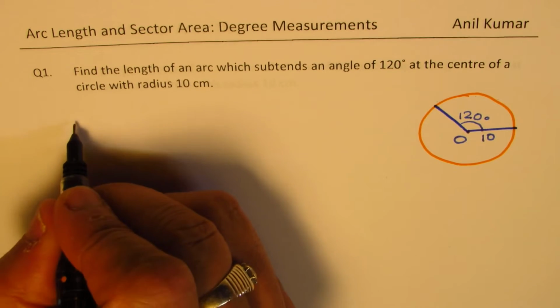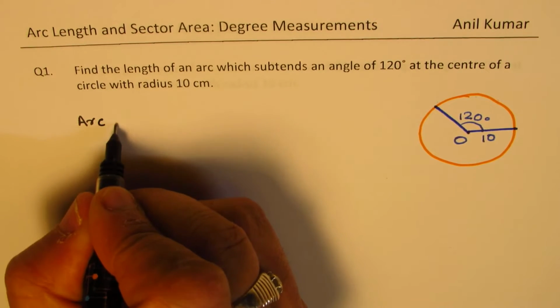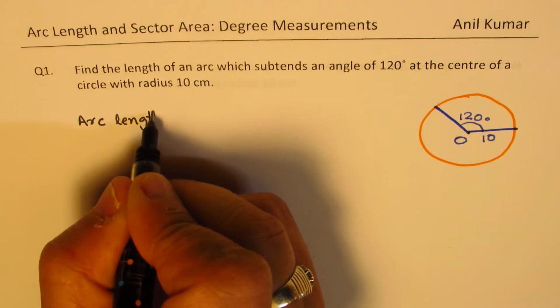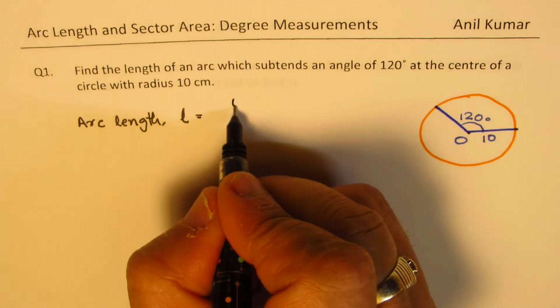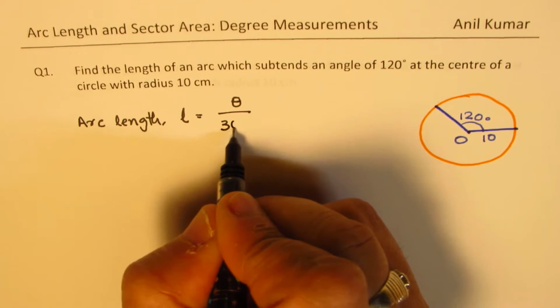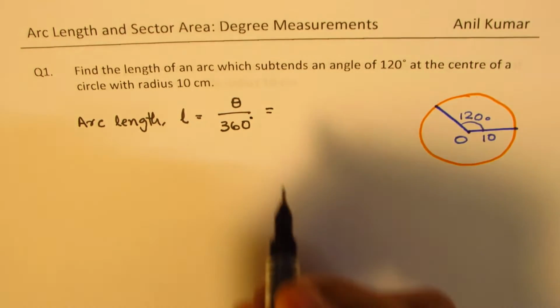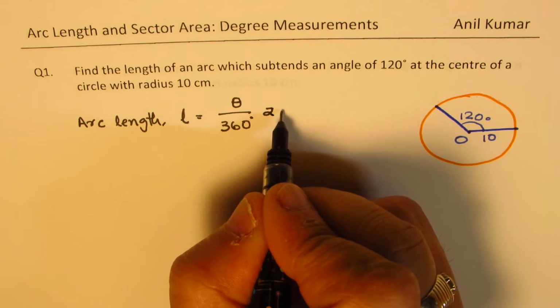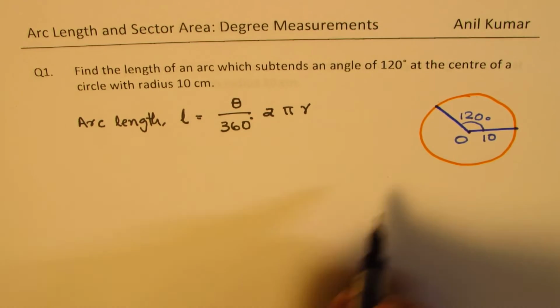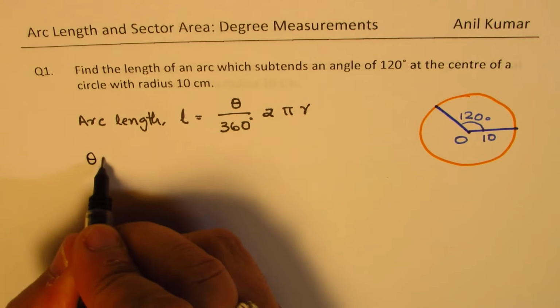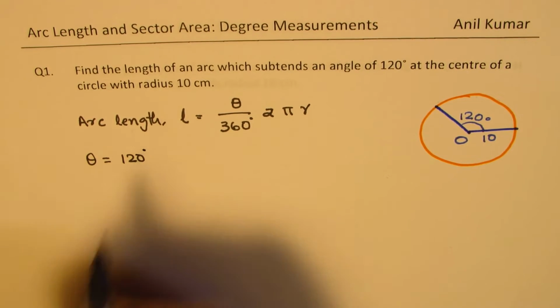So arc length L will be equal to this angle theta over 360. It is the ratio, right? Full degree to this times 2 pi r, the circumference. Now we are given all the figures, right? So we are given theta as 120 degrees.